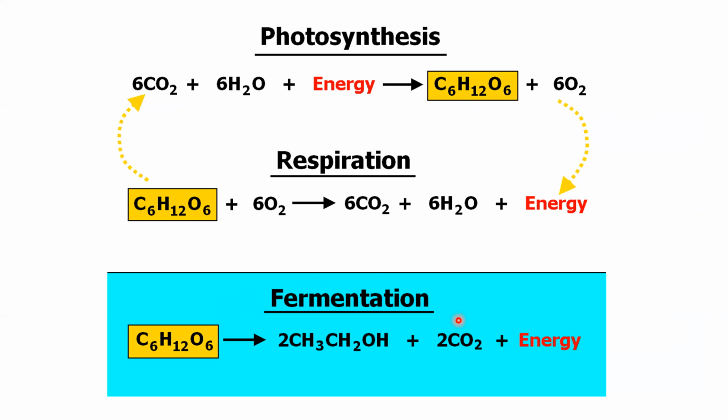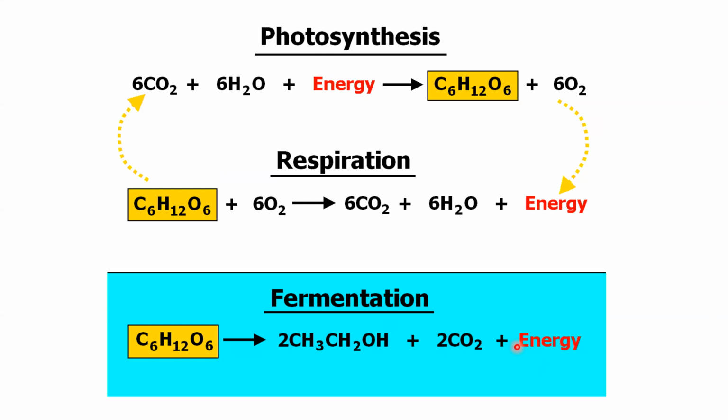Another process of energy conversion is fermentation. Fermentation can be described as a part of cellular respiration or glycolysis, and this is where sugar is actually not broken all the way down to carbon dioxide and water, but instead sugar becomes, over here, alcohol and carbon dioxide, but ATP is still made.